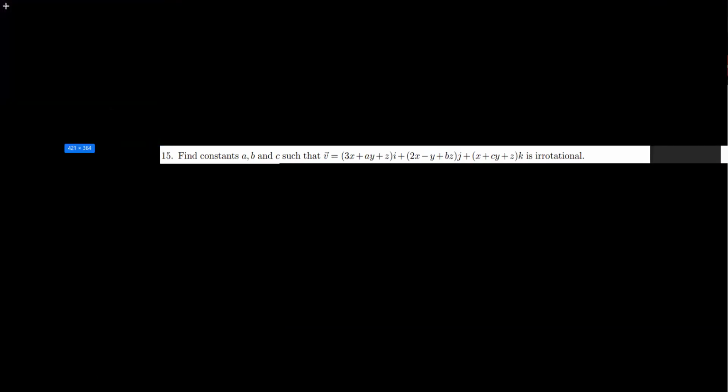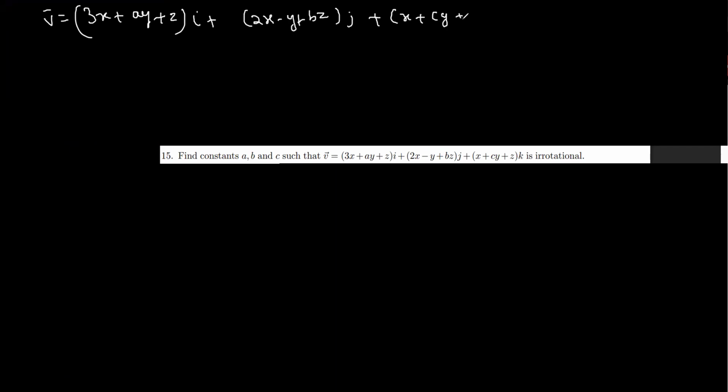ABC means some constants you have to find for which the function is irrotational. (3x plus ay plus z) i, (2x minus y plus ...), this is already what? Irrotational, right? Irrotational means their curl is zero.